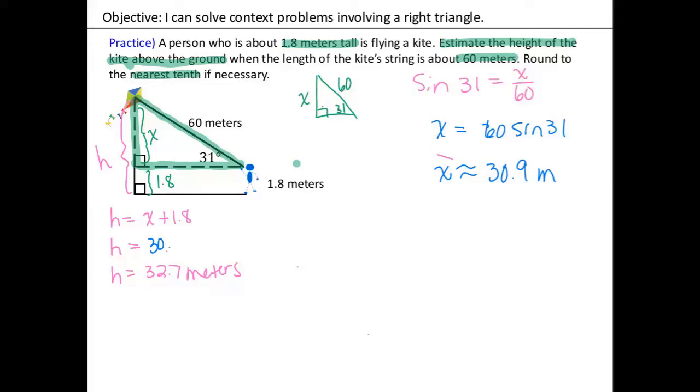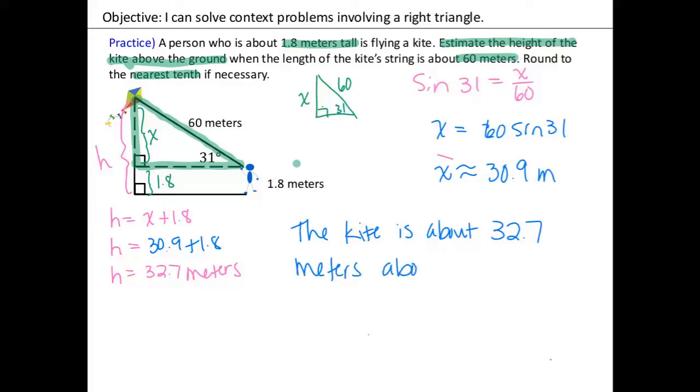So if you do 30.9 plus the 1.8, that should give you 32.7 meters. And then don't forget to write your sentence. So you would say the kite is about 32.7 meters above the ground.